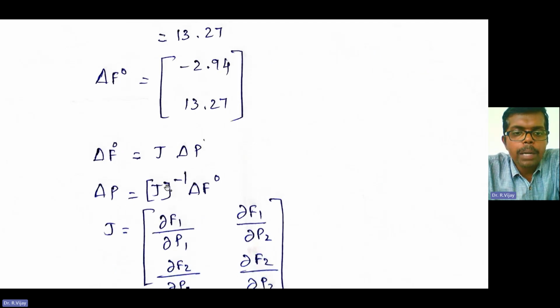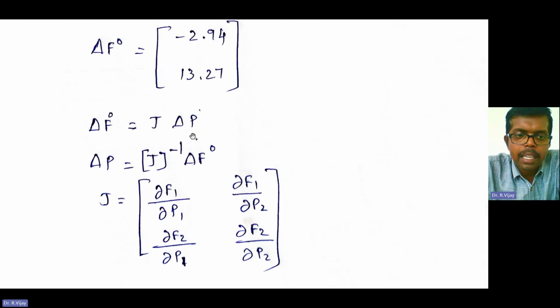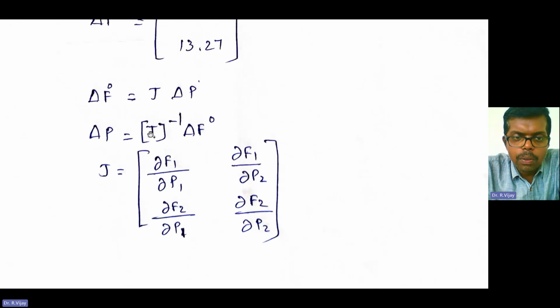So you need to calculate the Jacobian matrix. If del F naught is equal to J into del P, then del P is equal to J inverse into del F naught. That's all. So what is J here? J is nothing but the Jacobian matrix.